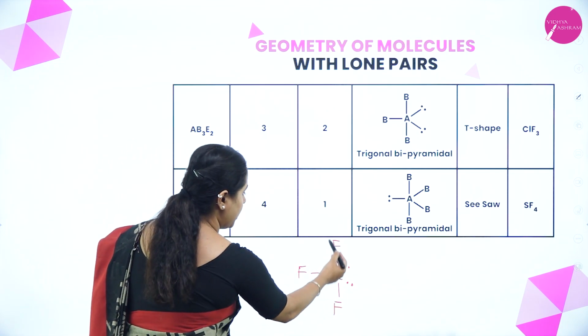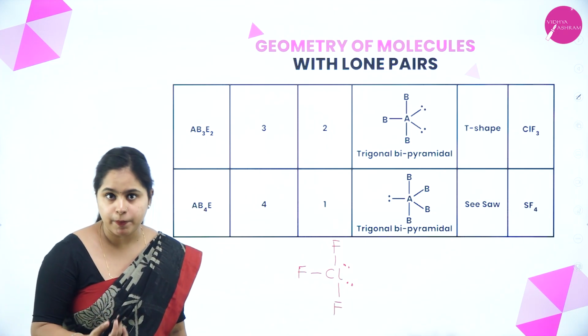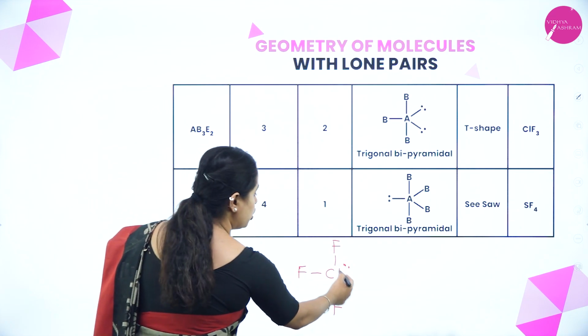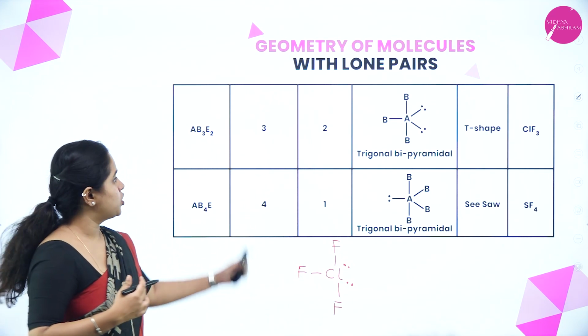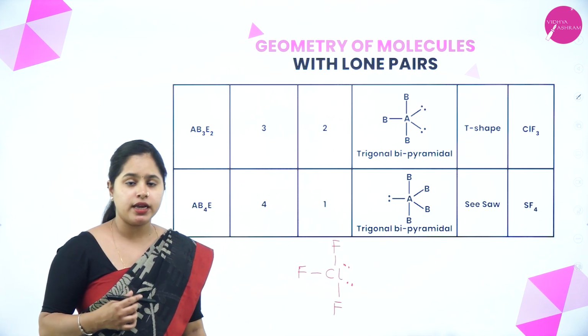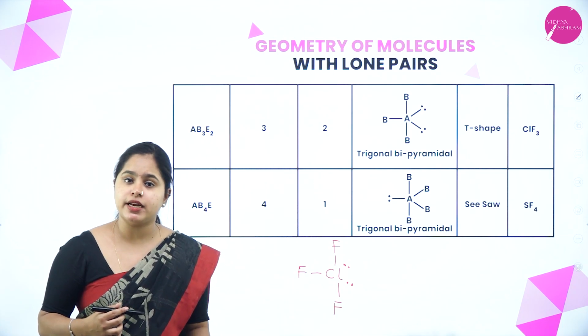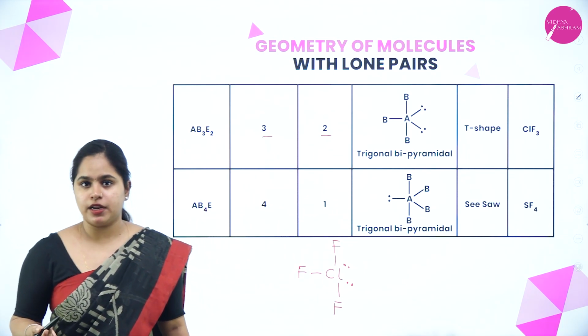So as you can see here, 3 ClF bonds are there, which are the bond pairs, and 2 lone pairs are also present on the central atom, right? So 3 bond pairs and 2 lone pairs. So a total of how many electron pairs are there? 3 plus 2, that is 5 electron pairs.